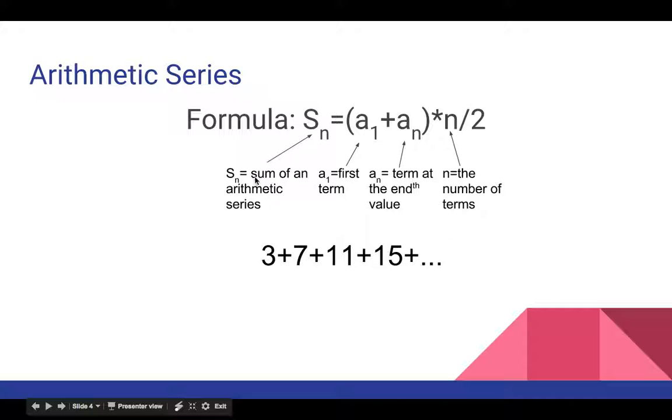S is the sum of the arithmetic series, a1 is the first term, an is the term at the nth value, and n equals the number of terms. And here's an example of an arithmetic series.